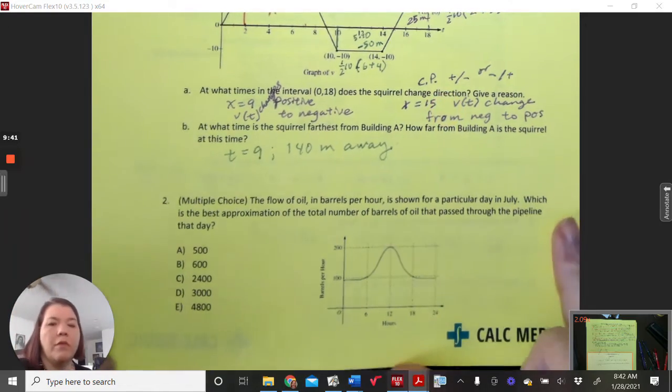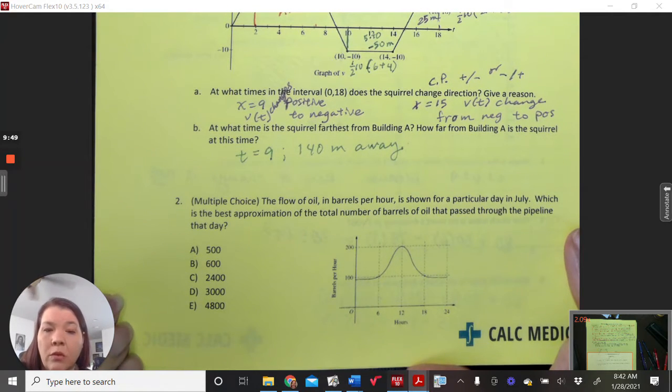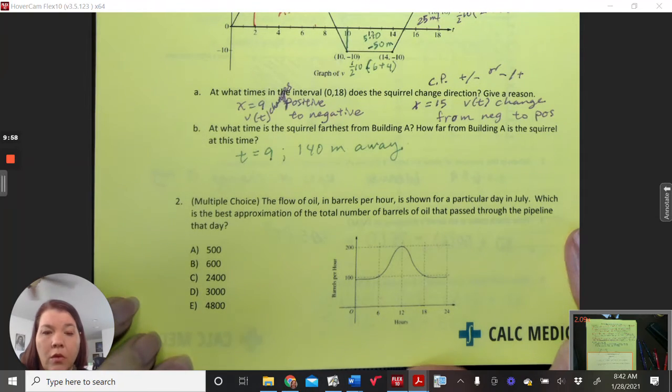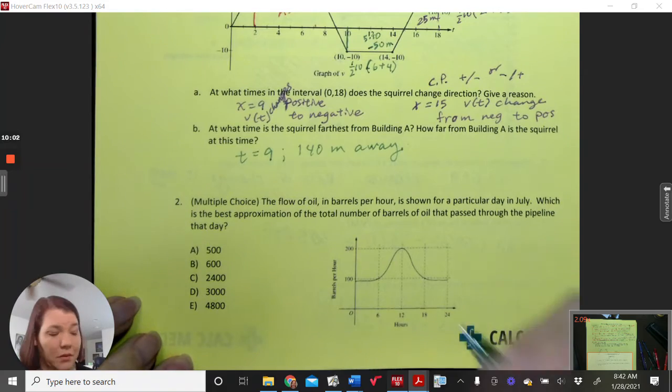The flow of oil in barrels per hour is shown for a particular day in July. Which is the best approximation of the total number of barrels of oil that passed through the pipeline that day? So we're going to guess.